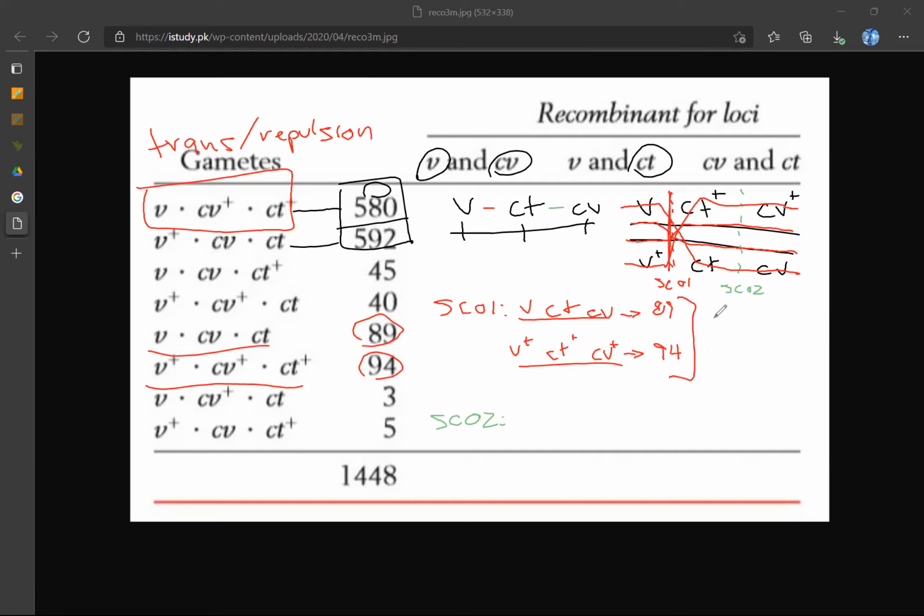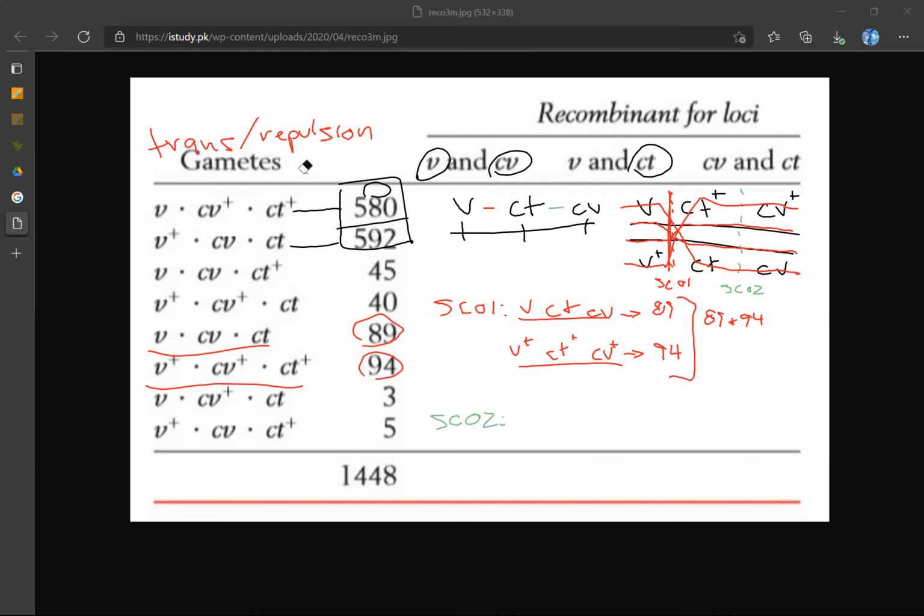We can combine them: 89 plus 94. What's the next step? The 3 and 5, exactly.